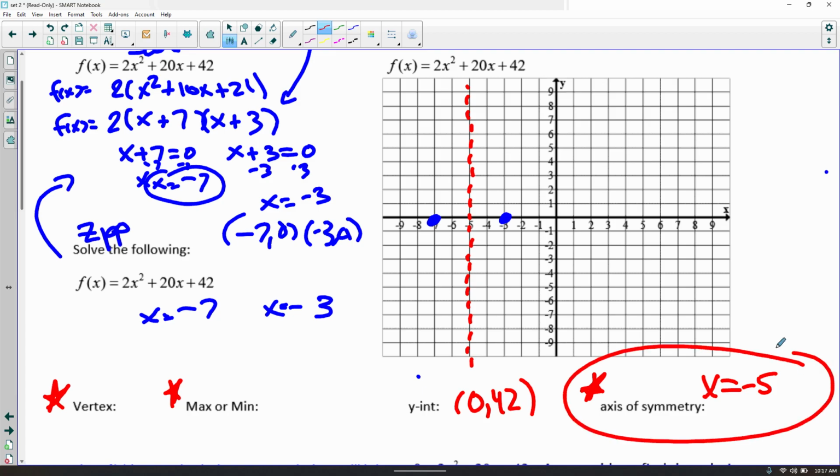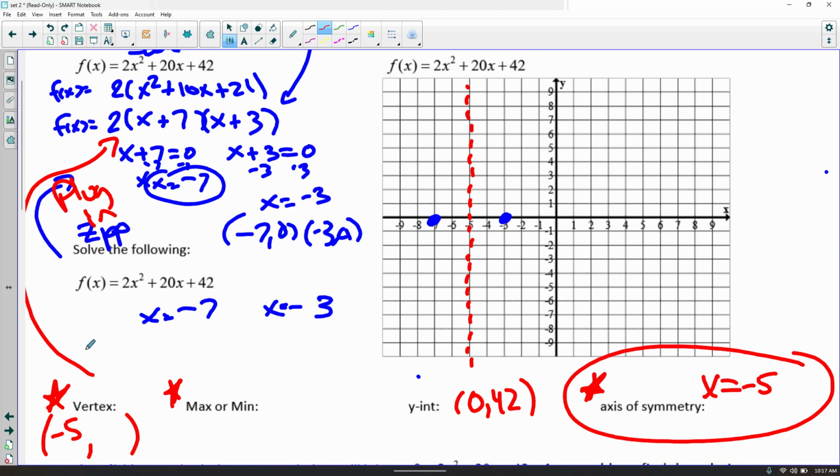What point is always on the axis of symmetry in a quadratic? What's the only point that's on there? The vertex. So my vertex automatically has a -5 for your x. All I got to do is find the y. How do you find the y? Plug it in.